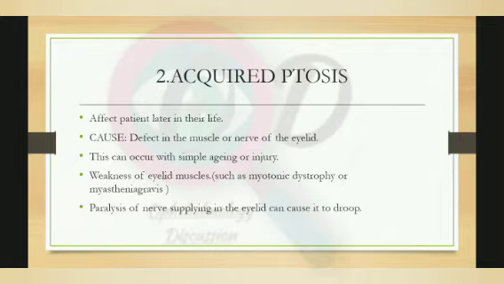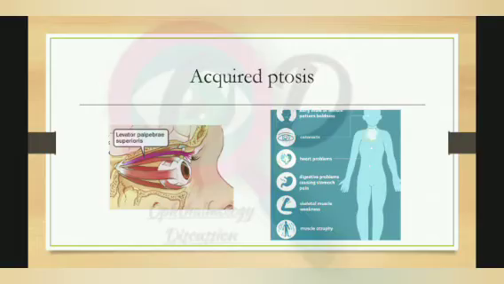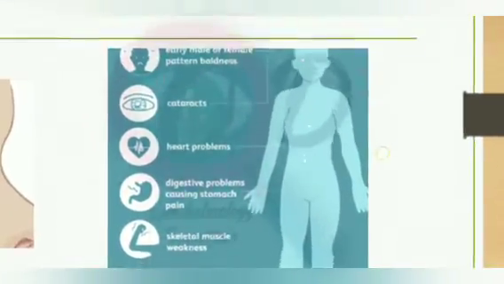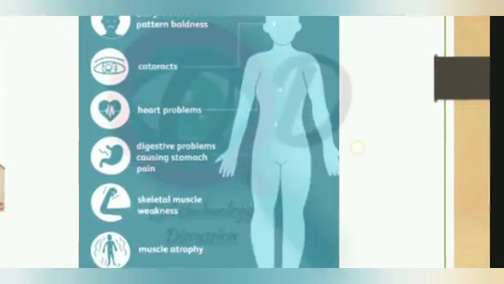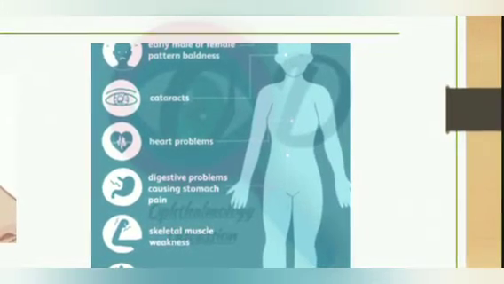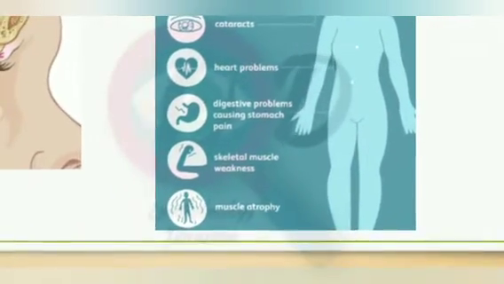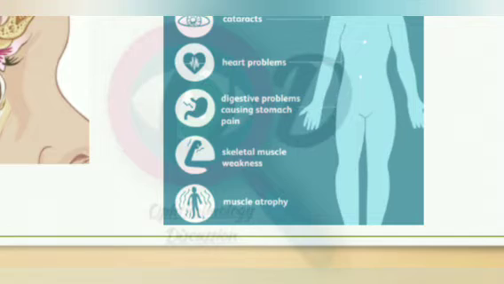Weakness of the eyelid muscle is also known as myotonic dystrophy or myasthenia gravis. Myotonic dystrophy and myasthenia gravis are due to muscle weakness only. So this may cause many things, like you can see here. Myasthenia gravis may cause cataract, heart problems, digestive problems, and skeletal muscle atrophy, as well as problems with the eyes.